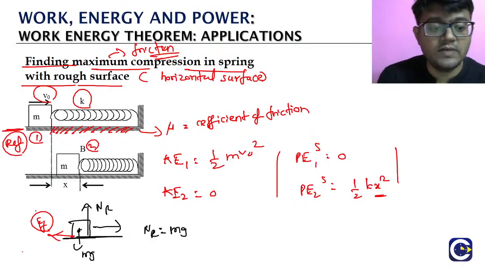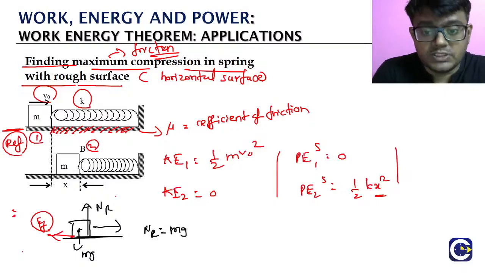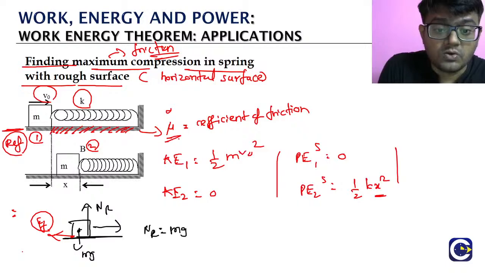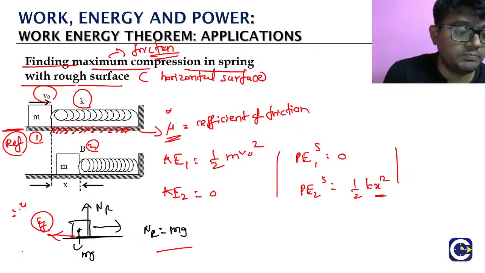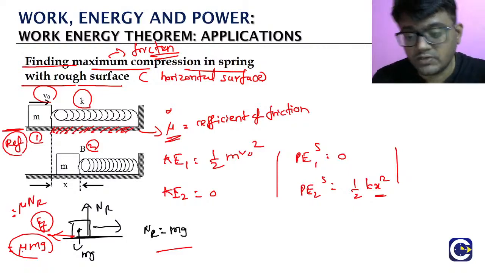We are looking at friction when there is relative motion, that is kinetic friction. Kinetic friction is the coefficient of friction times the normal reaction, so mu mg is the value of the kinetic friction.